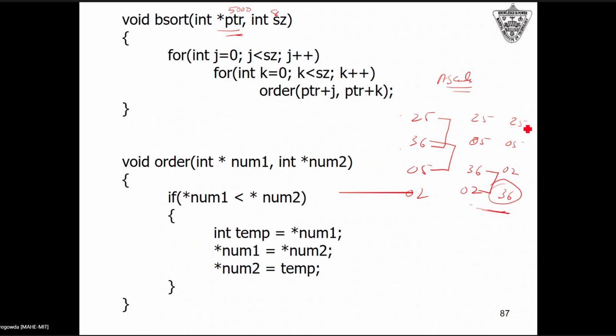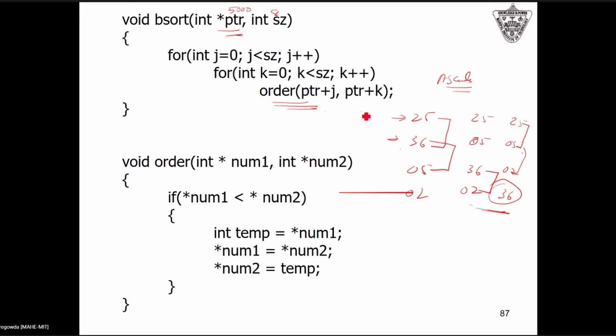Similarly, you have to do this iteration another n-1 times. Compare 25, 05 and 02 here. Depending upon the magnitude of the number, you have to swap the elements. You are going to invoke another function, order, where you pass the address of the first element, say 25 and 36, to this function.